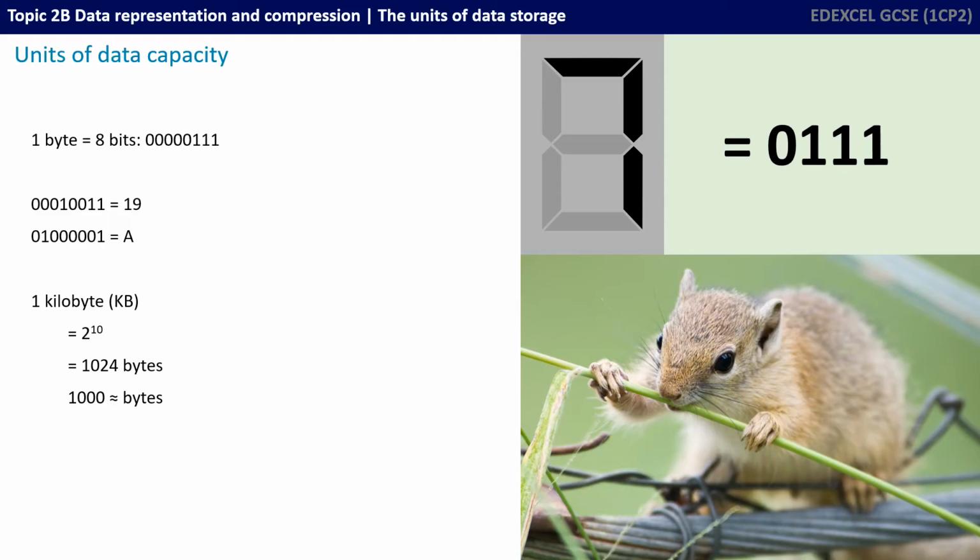Now this doesn't make a huge amount of sense when you're taught in maths and science that a kilo is 1000. Therefore we tend to approximate a kilobyte to 1000 bytes just for simplicity. Even 1000 bytes is not enough capacity to store most files, therefore we have a need for higher units of measurement.